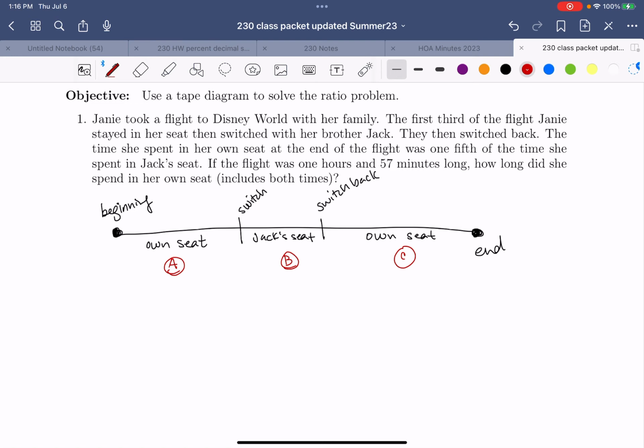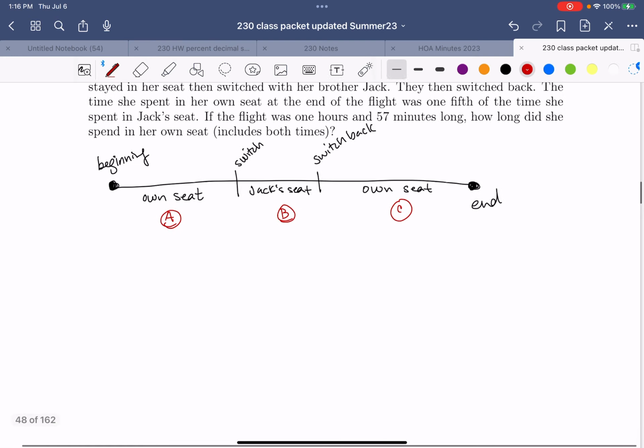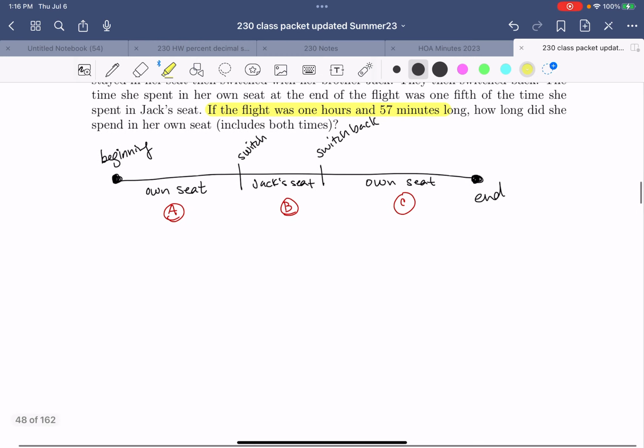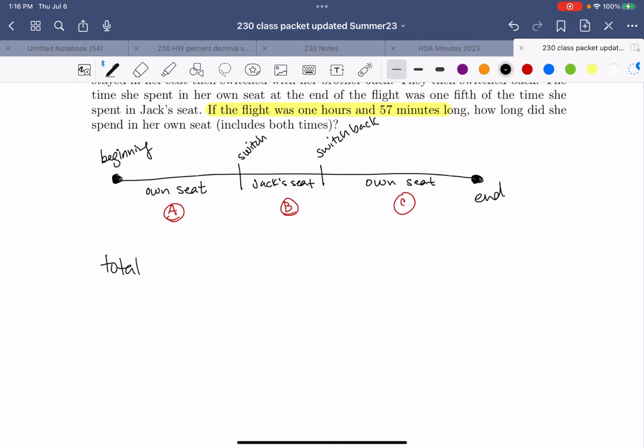Let's go back and see what we can put on here. So let's focus in on this part first. The flight was 1 hour and 57 minutes long. So if we convert that to minutes so that we're all in one time unit, you're taking 60 plus 57 minutes, which gives us 117 minutes. So the total flight is 117 minutes.